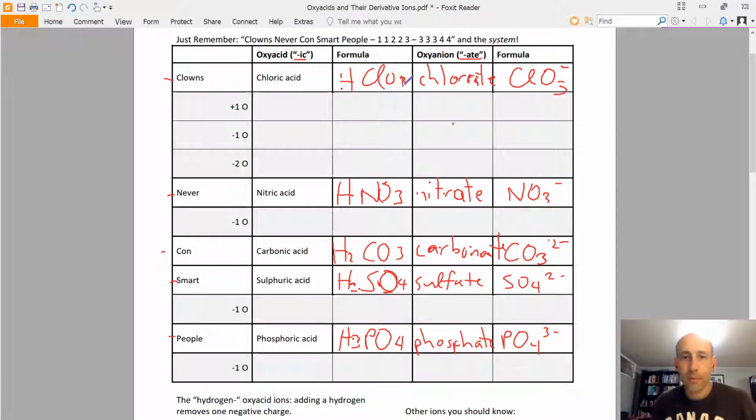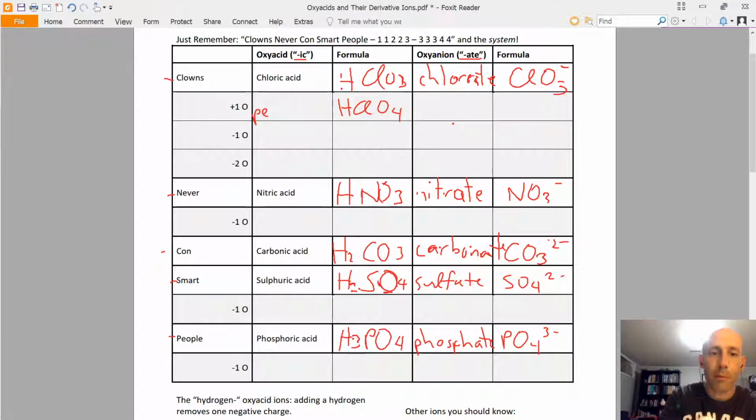Okay, so if we add an oxygen, it's going to be HClO4, right? We've got one more oxygen. And if something has an extra oxygen, it's called the per something. So this is perchloric acid.